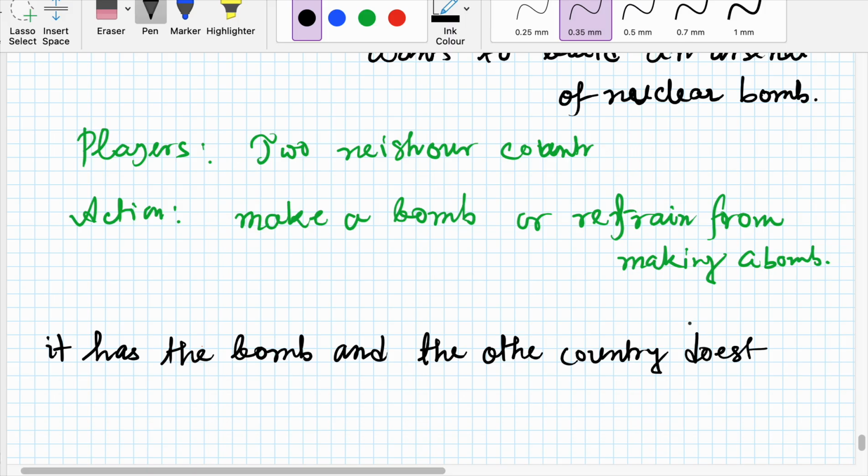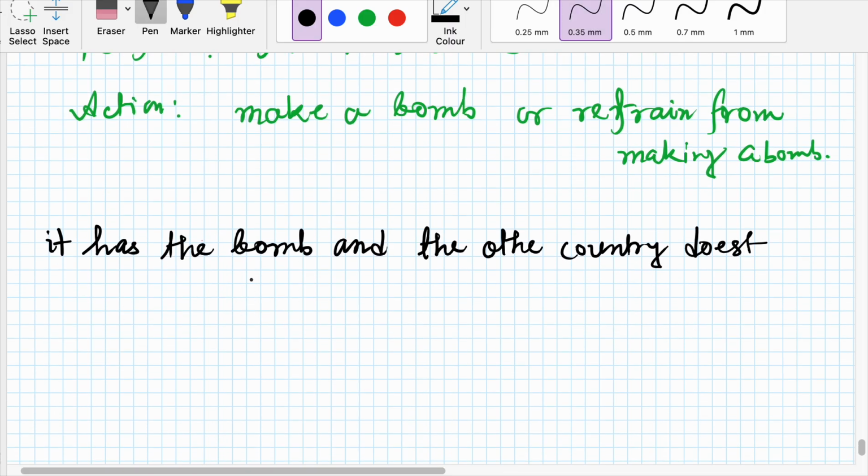So this is the most preferred. Then what will be the next preferred outcome? That is no one has the bomb. So this is the next preferred.